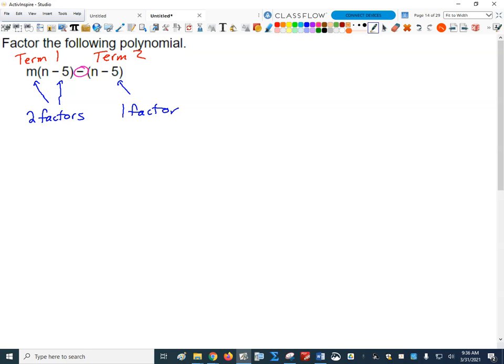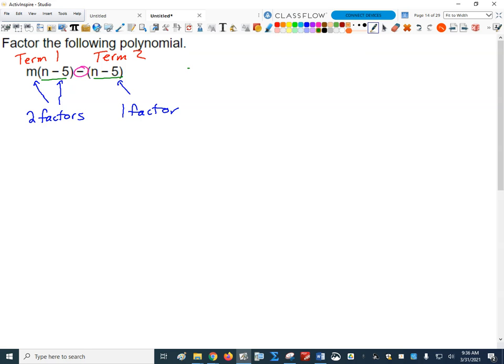Okay, so when we're looking to factor this, we're going to look at those two terms, term 1 and term 2, and ask: is there anything I could undistribute from both? Are there any common factors that I could undistribute? N minus 5. Everybody see that? They share the factor n minus 5.